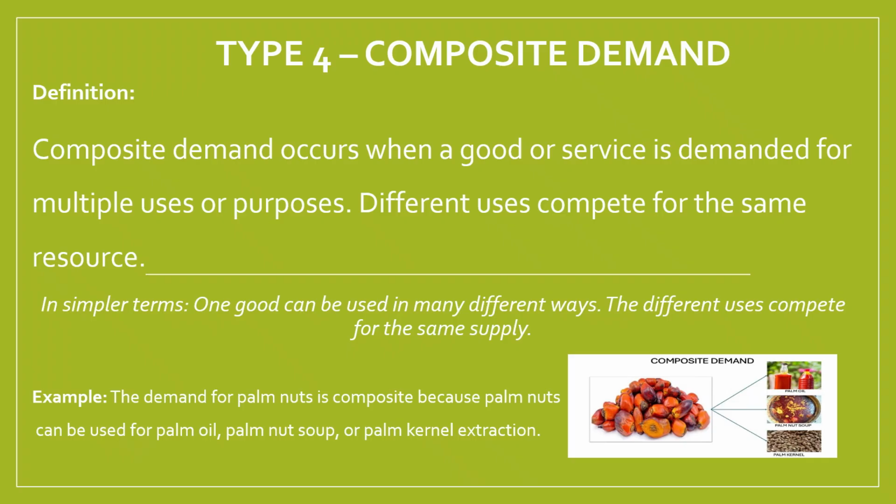In simpler terms, one good can be used in many different ways. The different uses compete for the same supply. Example, the demand for palm nuts is composite because palm nuts can be used for palm oil, as you have seen from the picture there, palm nut soup, or palm kernel extraction.